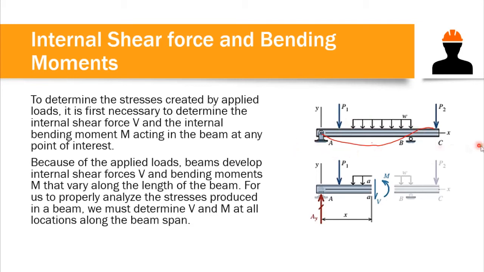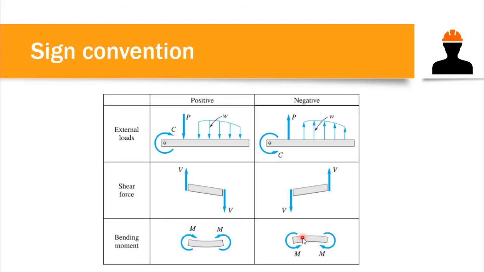Our goal in this lesson is to determine the internal shear and the internal moment in our beam. We have different methods in determining internal reactions: we could use a shear and moment equation, or we could also use a shear and moment diagram. But before we proceed, we need to familiarize ourselves first with the different sign conventions.